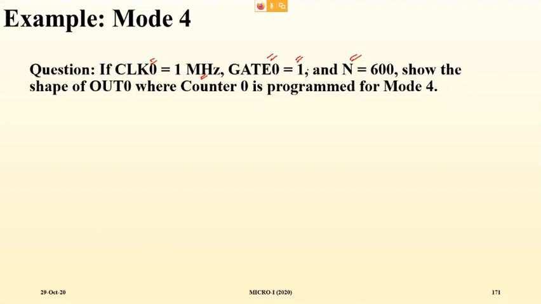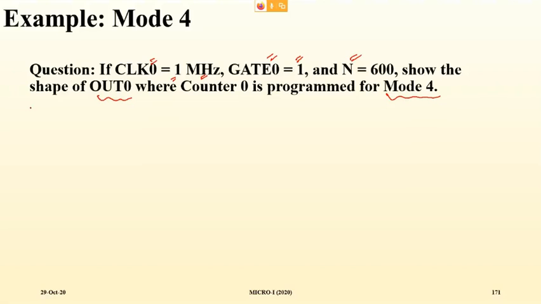So total time period for the counting is 600 microsecond, because 600 into 1 microsecond will give you 600 microsecond. Show the output 0 when the counter is programmed for mode 4.